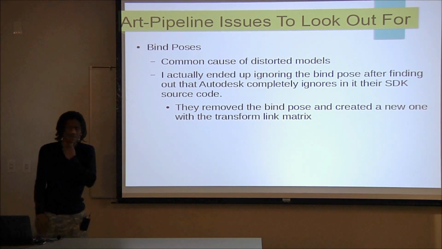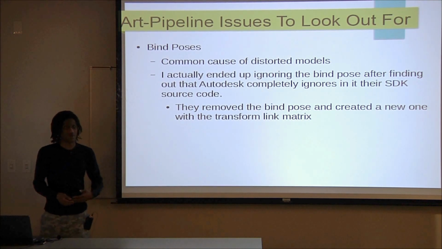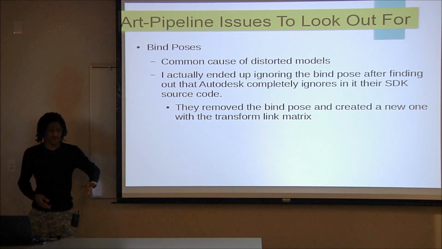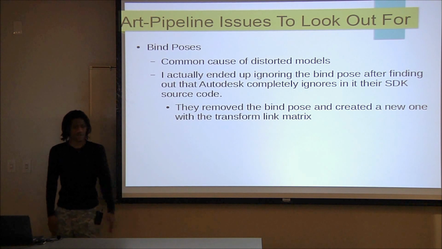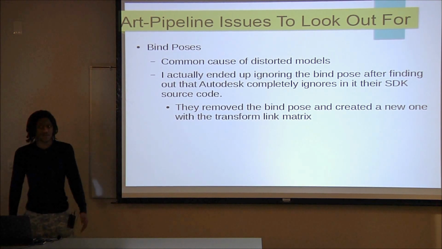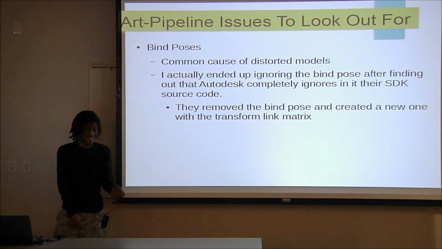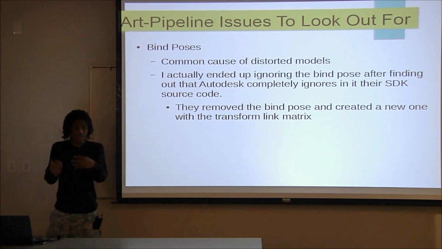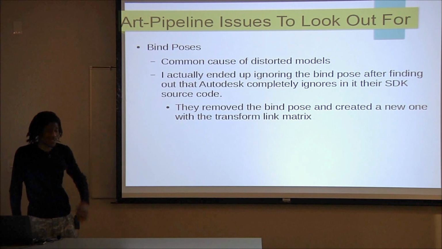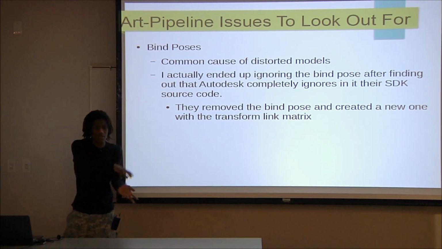Autodesk gives you the SDK and the source code for their viewers, so I went in there to see what they are doing that I'm not doing. And it turns out when they take the bind pose, they remove it. Whatever your bind pose was, they took it out, and they use this thing called a transform link matrix, and they create a new one and throw it in there.